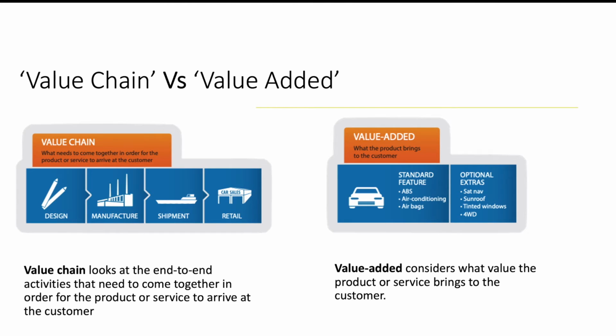That is a feature a customer thinks they are paying for. If any feature is missing, the cost of that product will be less compared to a product that has that feature. So this is called value added. Value added considers the value the product or service brings to the customer.